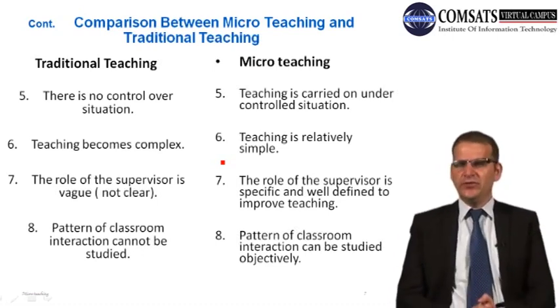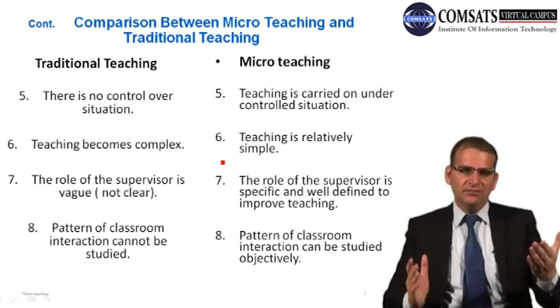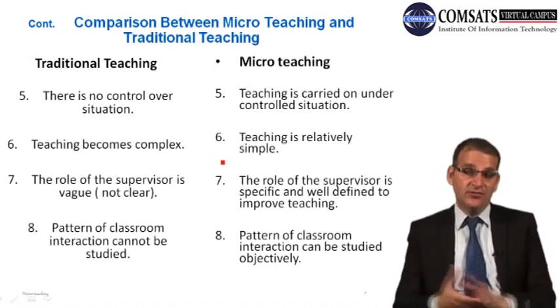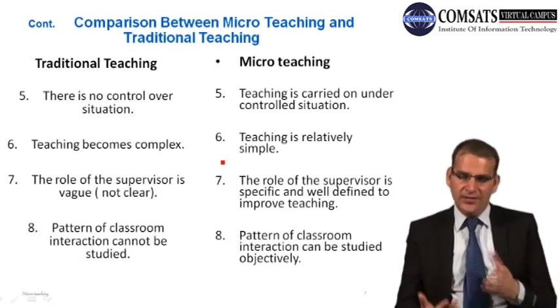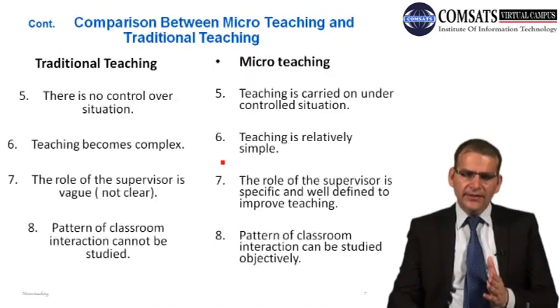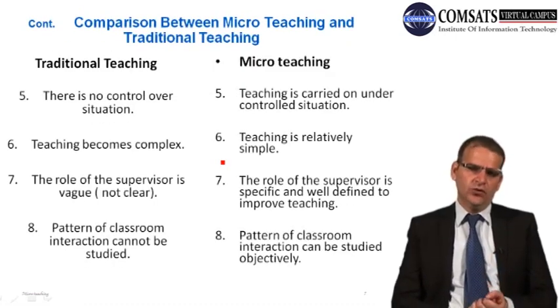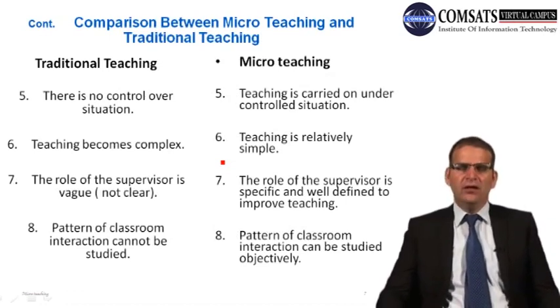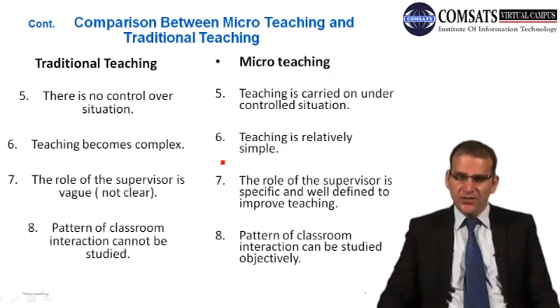Whereas in traditional teaching, there is no pattern. Sometimes the teacher comes and writes on the board. Sometimes he asks students to speak, so there is no pattern. These are some of the comparisons between micro teaching and traditional teaching.